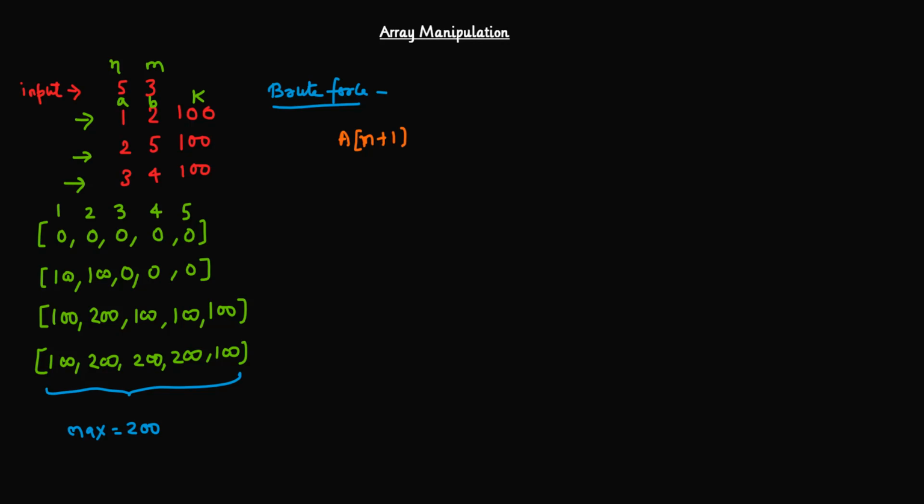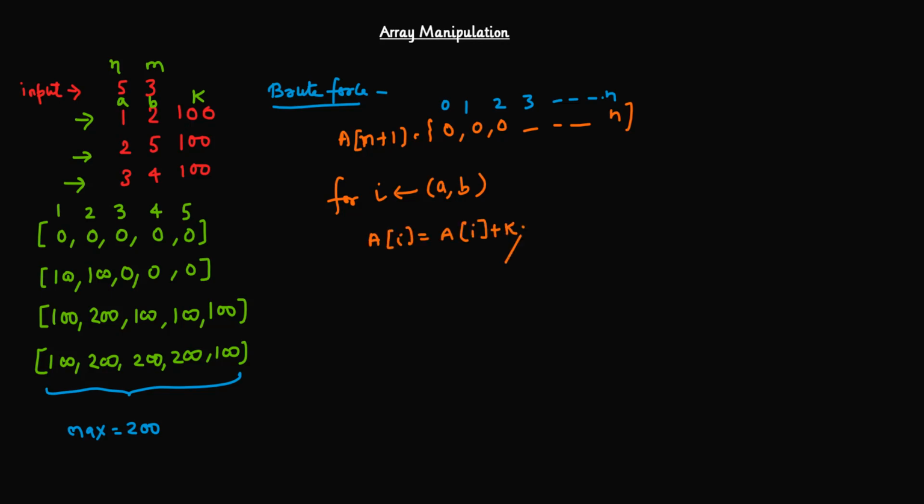So I have taken an array of n plus 1, and the indices run from 1 to n. Then you will run a for loop over the range a to b, because you want to add the quantity k, here 100, from a to b. By using this you can add the k element into the range from a to b.